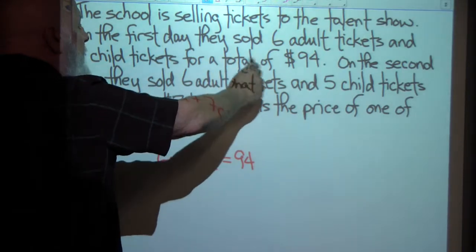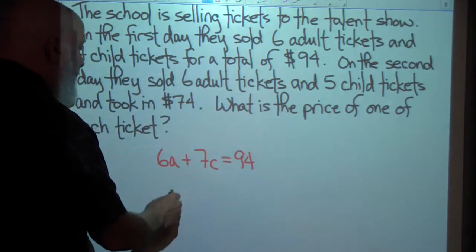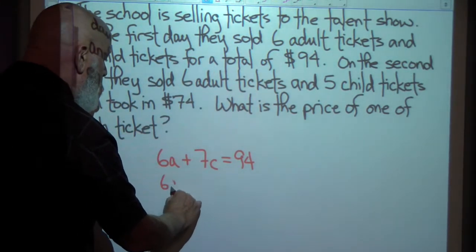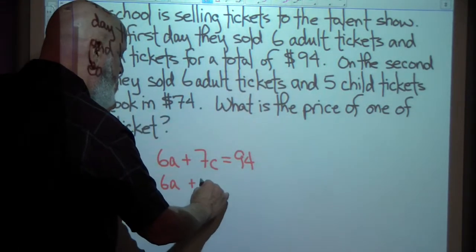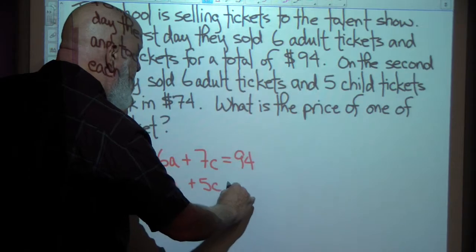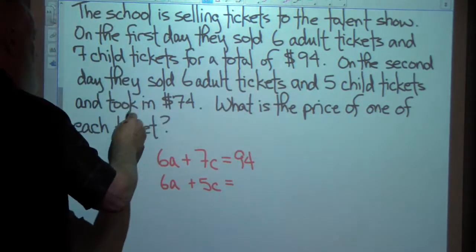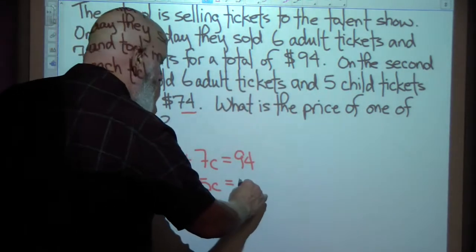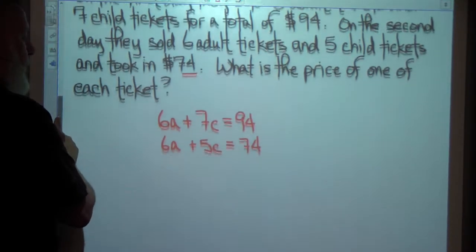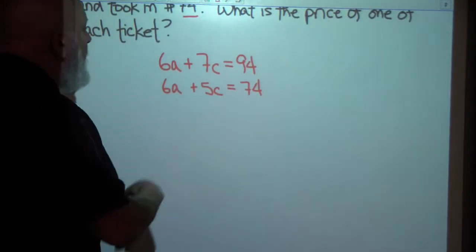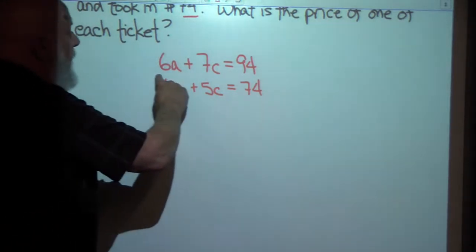And I'm going to read on, and it says the second day they sold 6 adult tickets and 5 child tickets, and those sales totaled $74. And now I have a system. That's 2 equations, and I want to solve it. So I'm going to follow those steps that I just talked about up there.